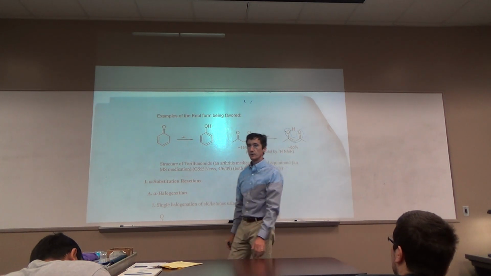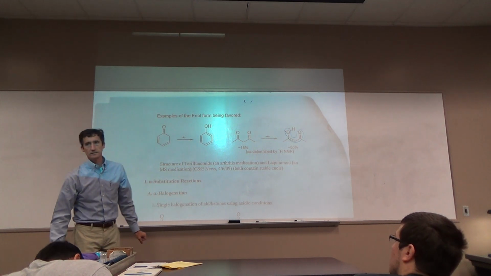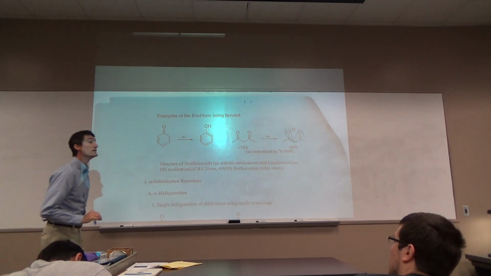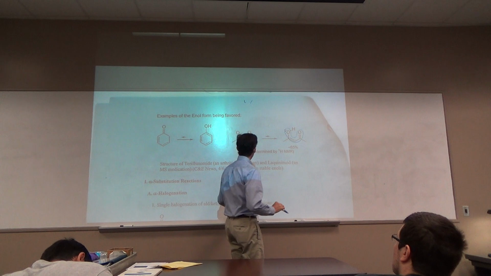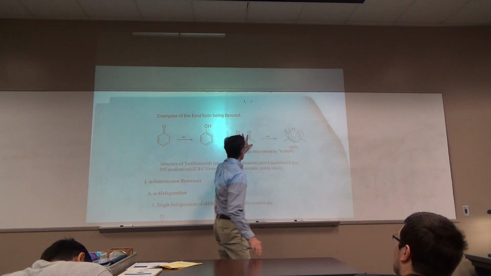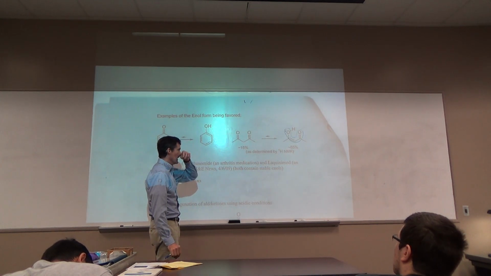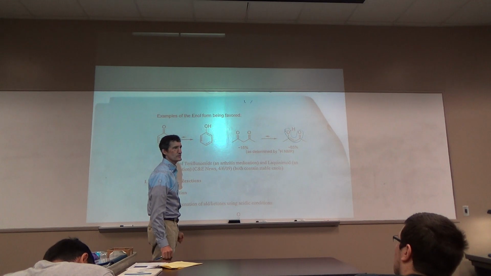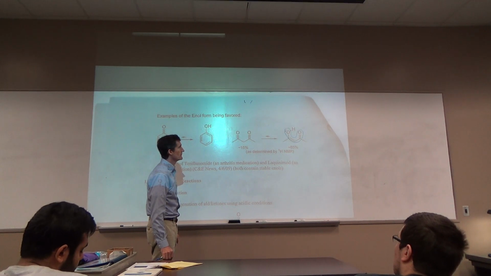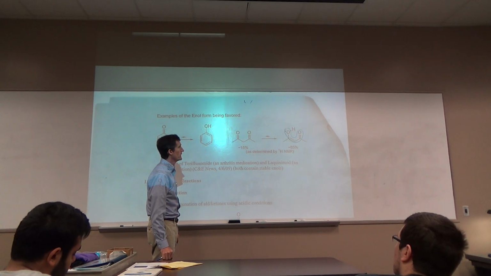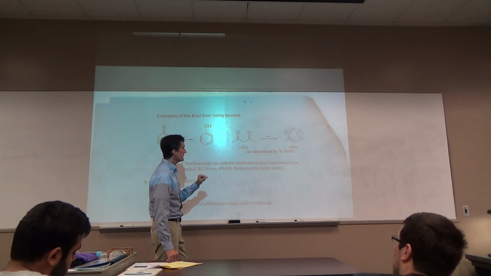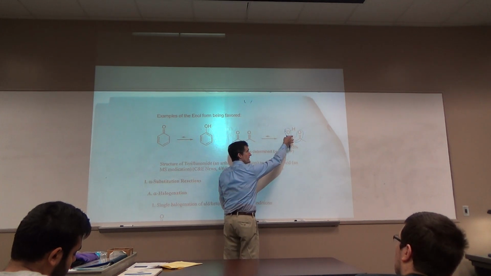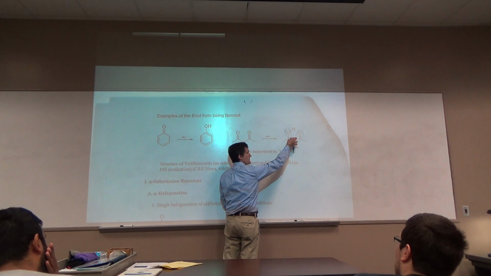Okay? With that structure. What's another reason? Substituted alkene. The alkene? Well, this really doesn't have an alkene here. So we're not comparing two different alkenes. Note that I did draw the alkene here.